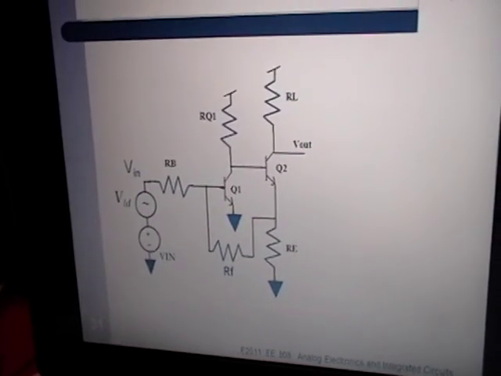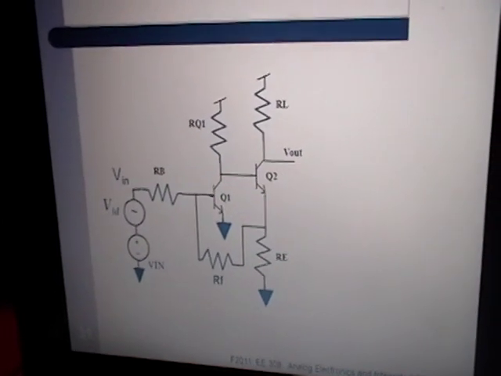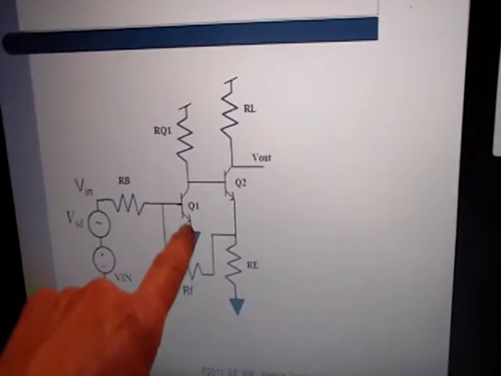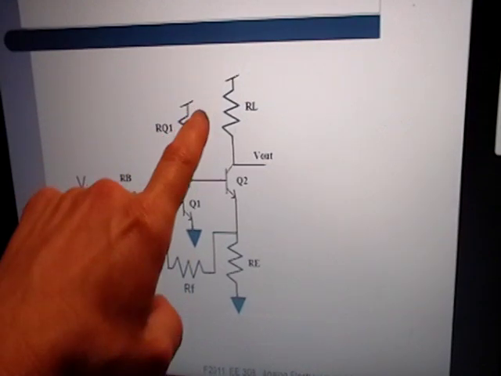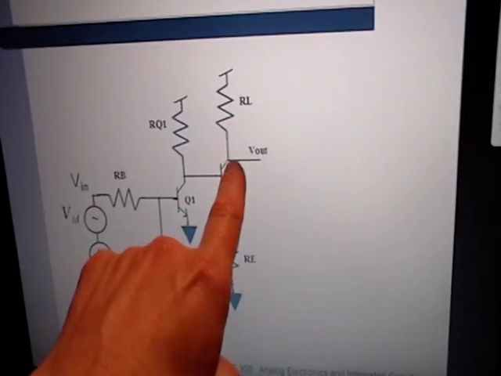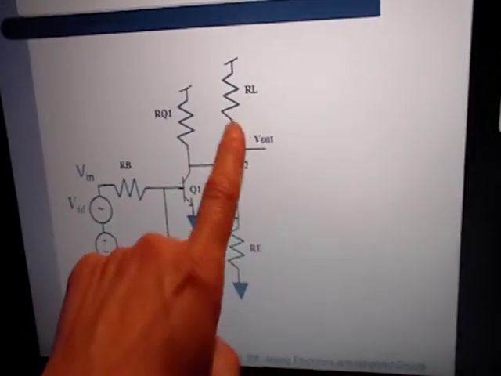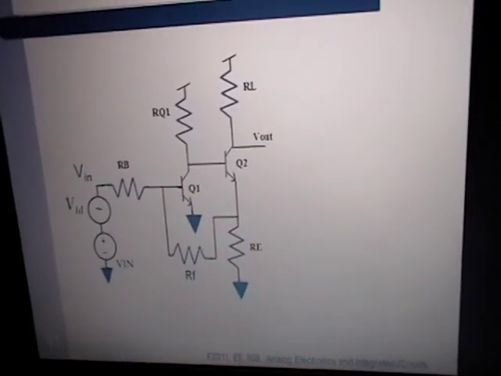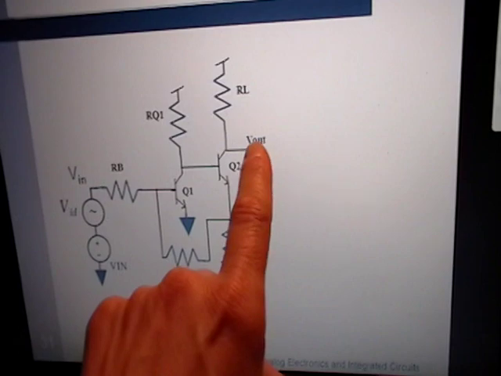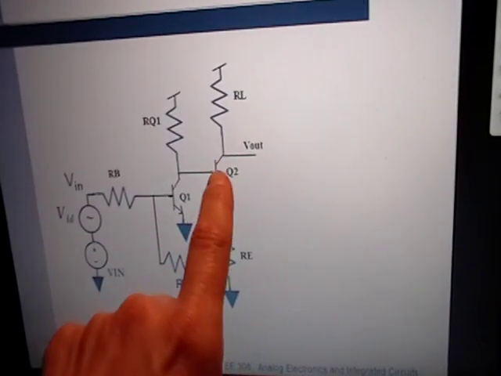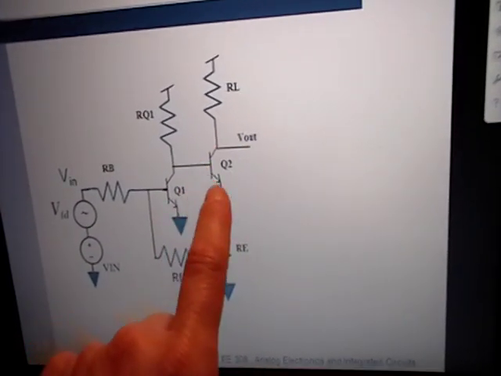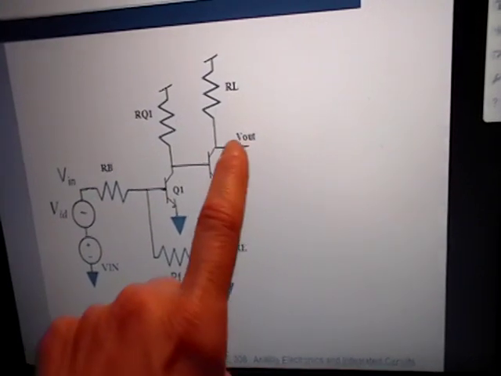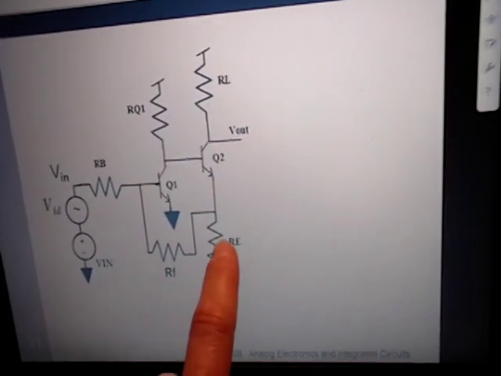And here, let's see, find your vanilla amplifiers. You've got common emitter, and then you've got another common emitter. Notice the V out is at the collector, so this is a common emitter. So all these resistors down here, that's your feedback network. V out's up here. For V out to get to the input of your feedback network, it has to go through the transistor, so now your output is series.